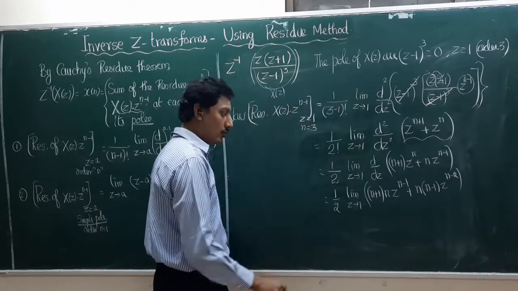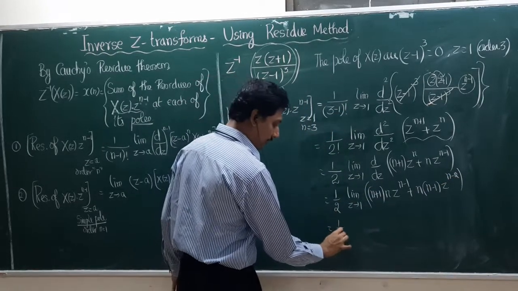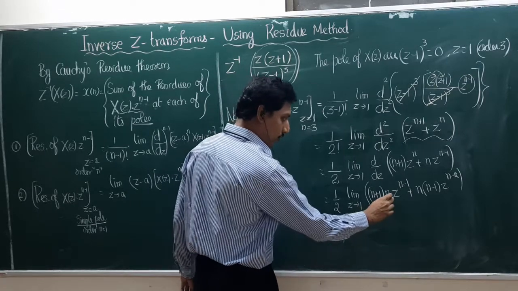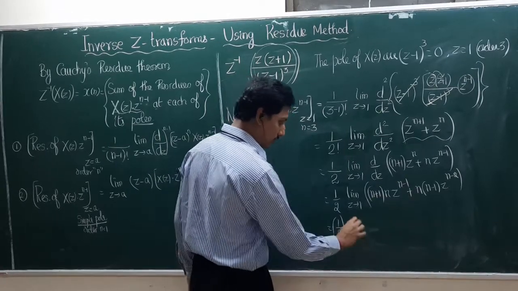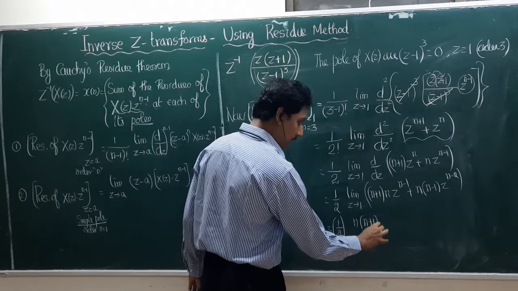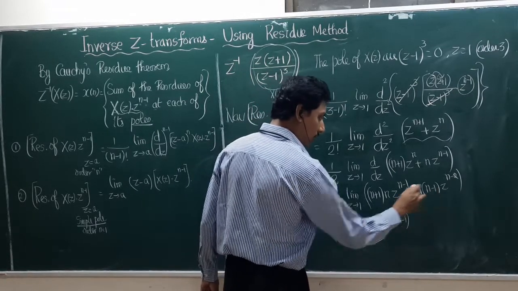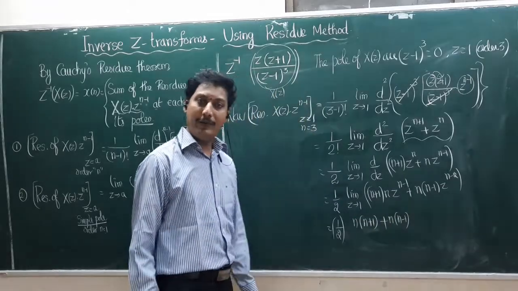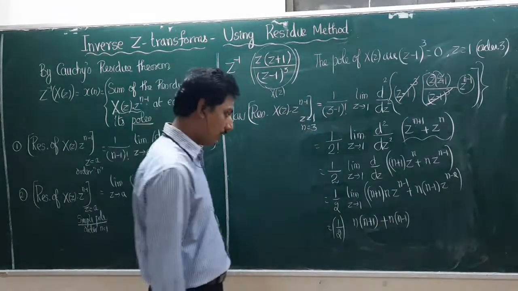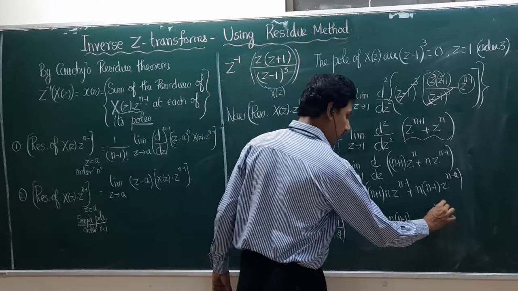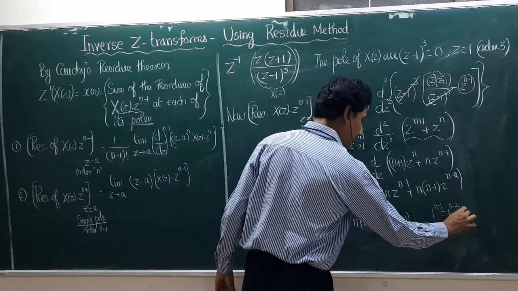Now substitute z equal to 1, we get 1 by 2 into, putting z equal to 1, 1 power n minus 1 is 1 only, so it is n into n plus 1 plus n into n minus 1. Z equal to 1, so 1 power n minus 1, 1 power n minus 2 is equal to 1 only.